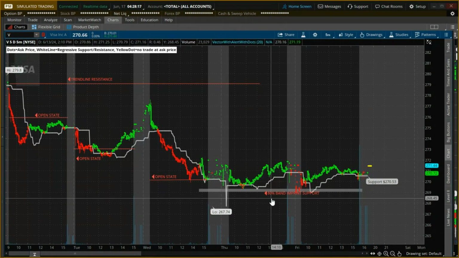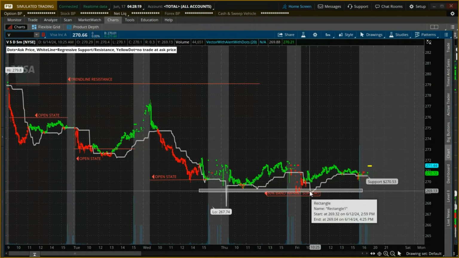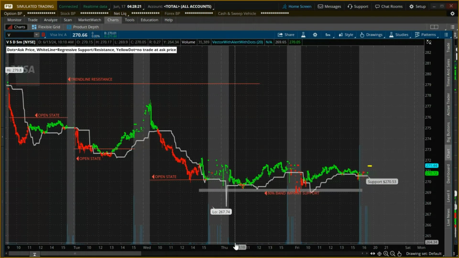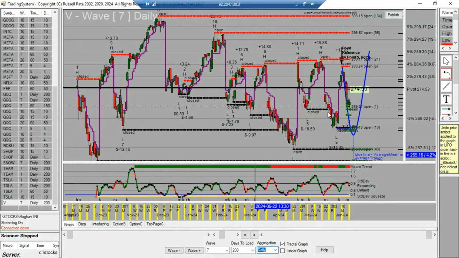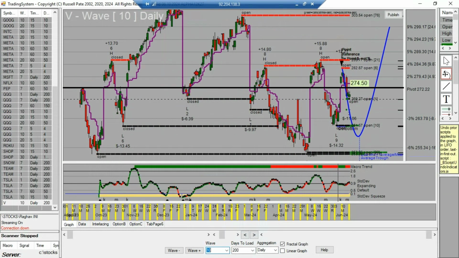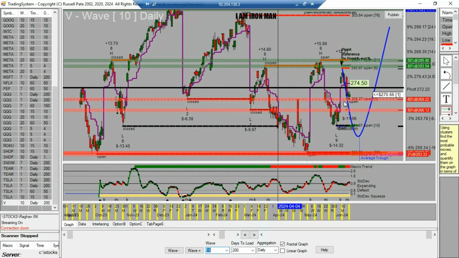Now we had the 80% band imprint support. Now this is from the wave 7 daily. I showed you guys the charts, I'll show again. So if I turn on the wave 7 daily, you can see that, no, wave 10 daily, sorry. Yeah, perfect. On the wave 10 daily, we had a perfect support from the imprint.